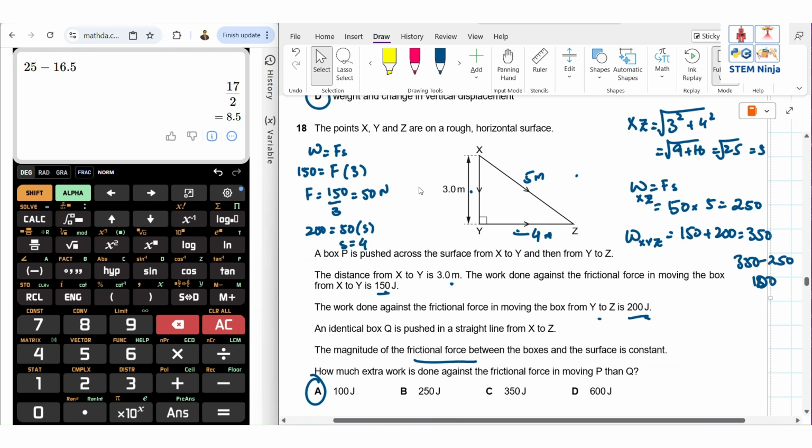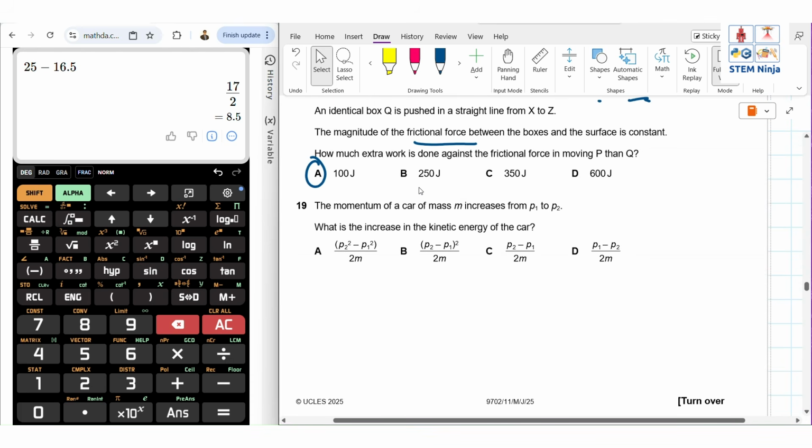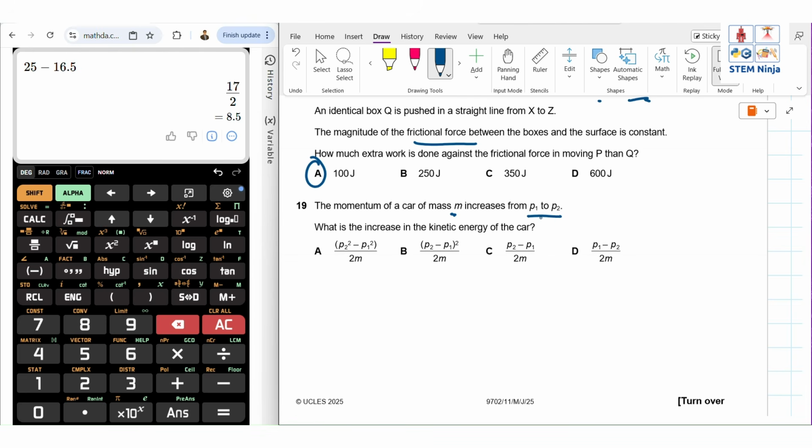All right. The momentum of a car of mass m increases from P1 to P2. What is the increase in kinetic energy of the car? So kinetic energy expressed in momentum is half P squared over m, or simply P squared over 2m.